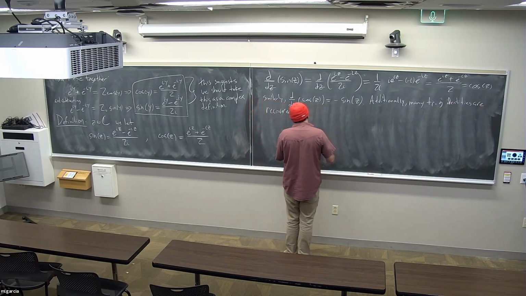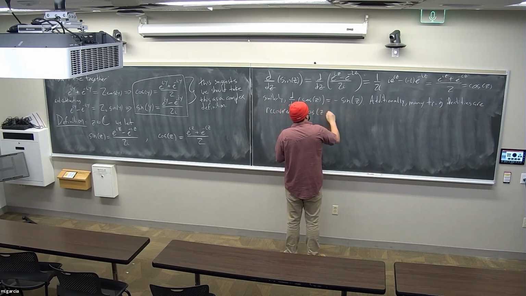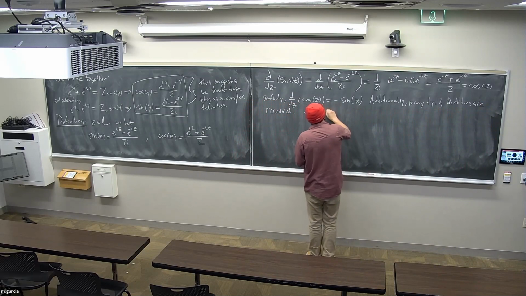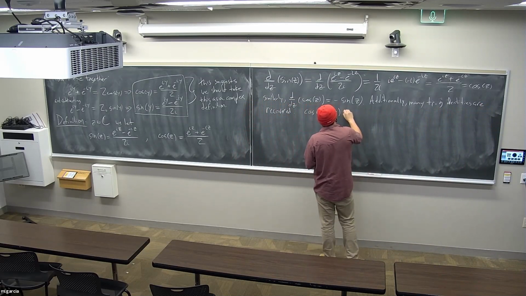Just for example, the complex function cosine of z is periodic with period 2 pi.